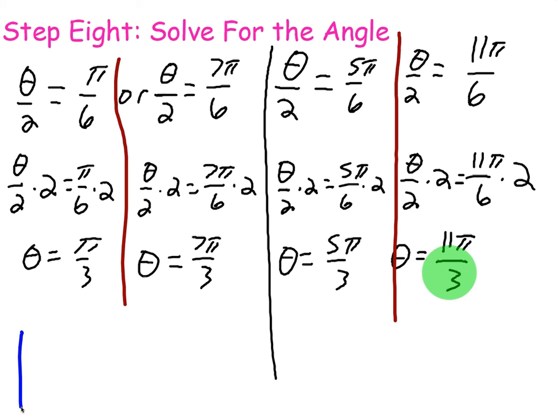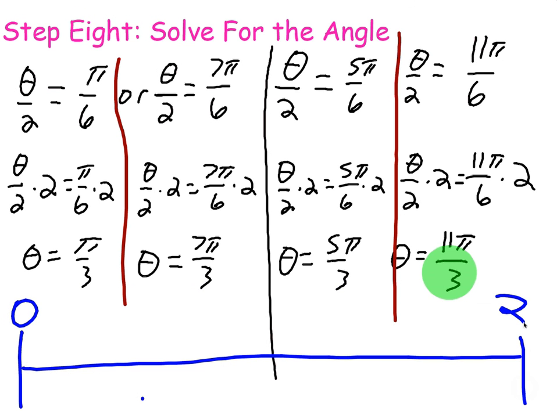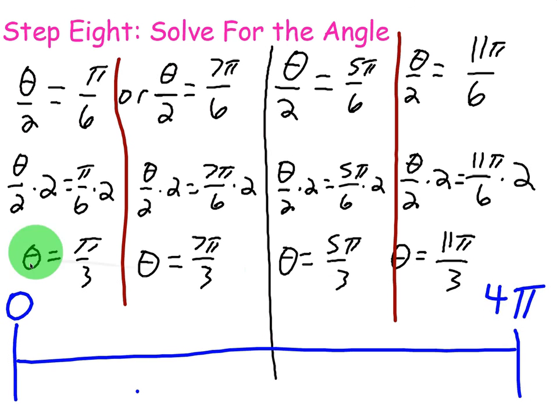And as you can see, I'm just going to draw a little number line here. Every single answer that we got, whoops, put a 4 there, is in between 0 and 4 pi. If we tried to pick any number bigger than 11 pi over 3, that's going to be bigger than 4 pi. But all of our numbers are in between. Had there not been a theta over 2, then we certainly could have written out more angles.